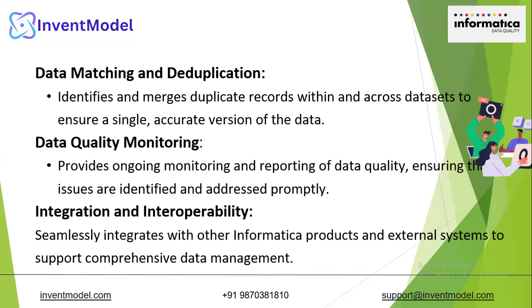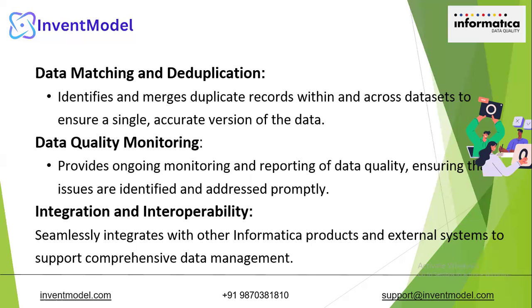Third is data matching and deduplication. In this feature, one data is matched with all the other data, so we can find the matching or duplicate data. It identifies and merges duplicate records within and across datasets to ensure a single accurate version of the data.